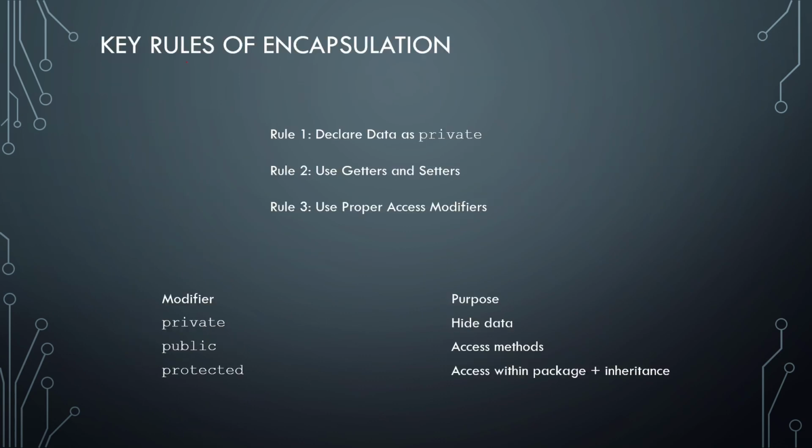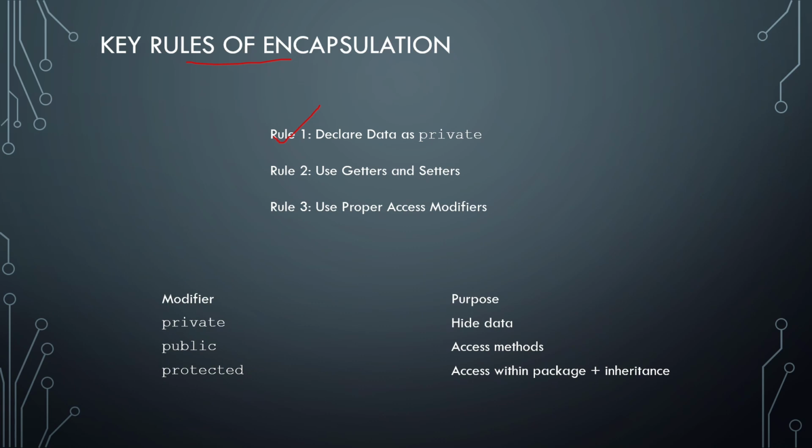So, finally, let's understand the rules and guidelines of encapsulation. The first rule is declare the data as private. Why do we do this? Because private variables help in hiding the data and prevent direct access from outside the class, and this provides better security and protection to the data.